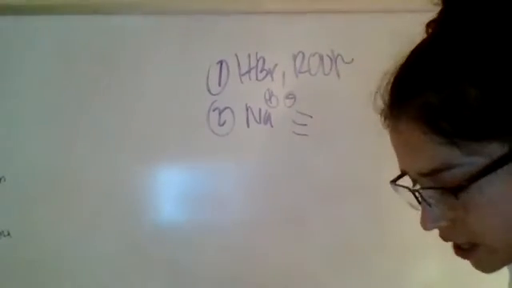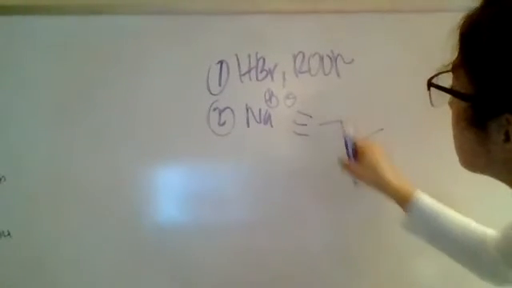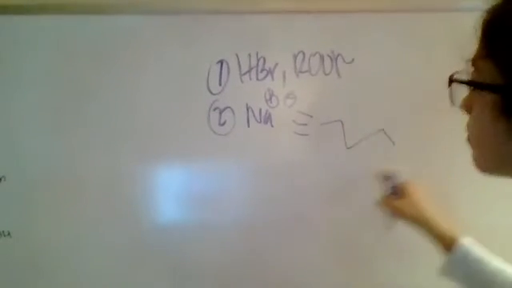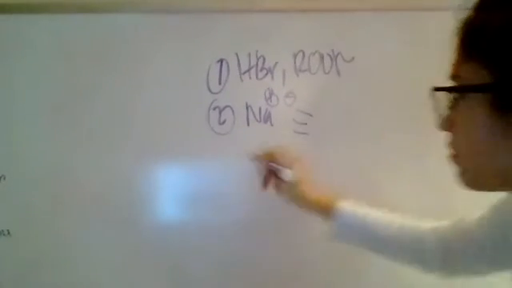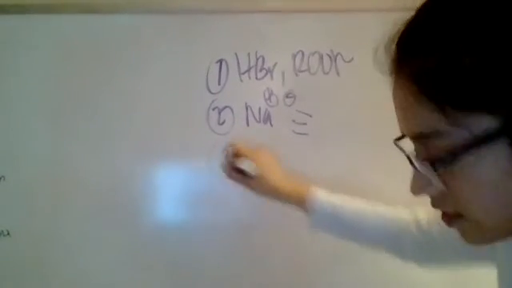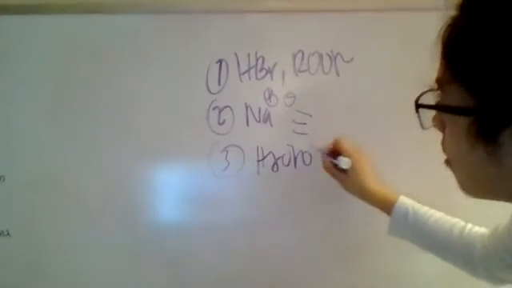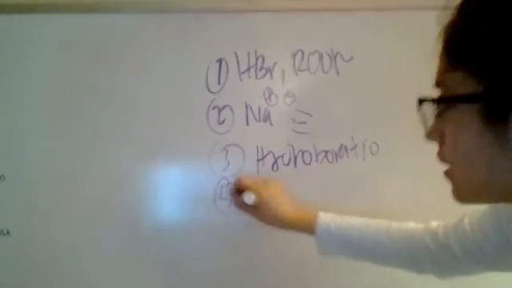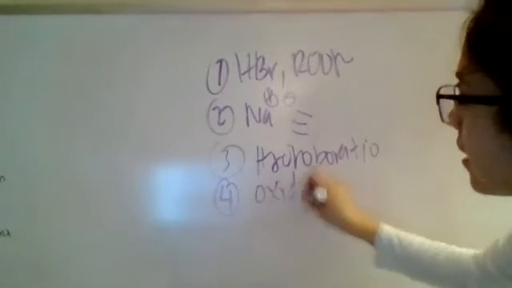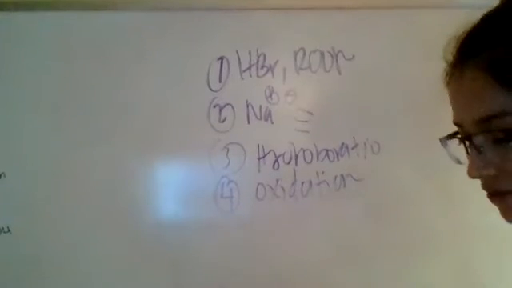What was this attached to? 1, 2, CH3. No, I just did 2. And then 3 was hydroboration, and 4 was the oxidation part, because I don't feel like writing it all out. Is that what you guys got?